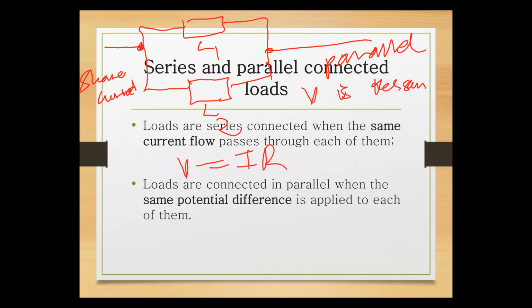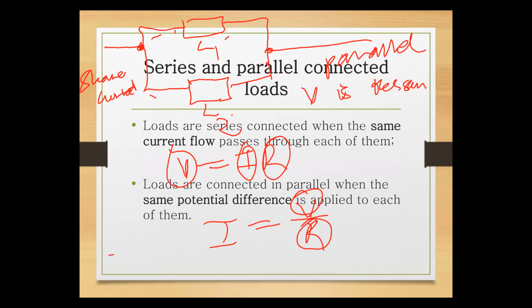But now V is constant. Current is shared according to the resistance there. So in other words, I is V over R. So you see, current will be different because of resistance. Now voltage is the same, but the resistance of L1 and L2 might be different.